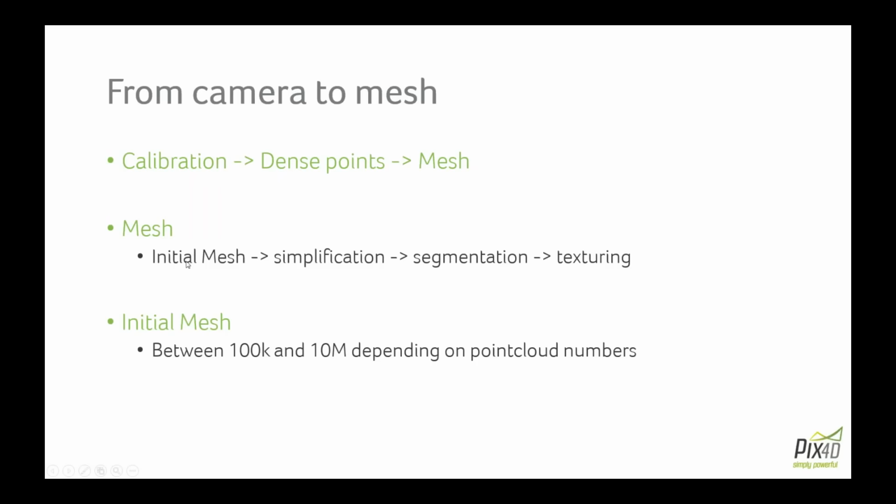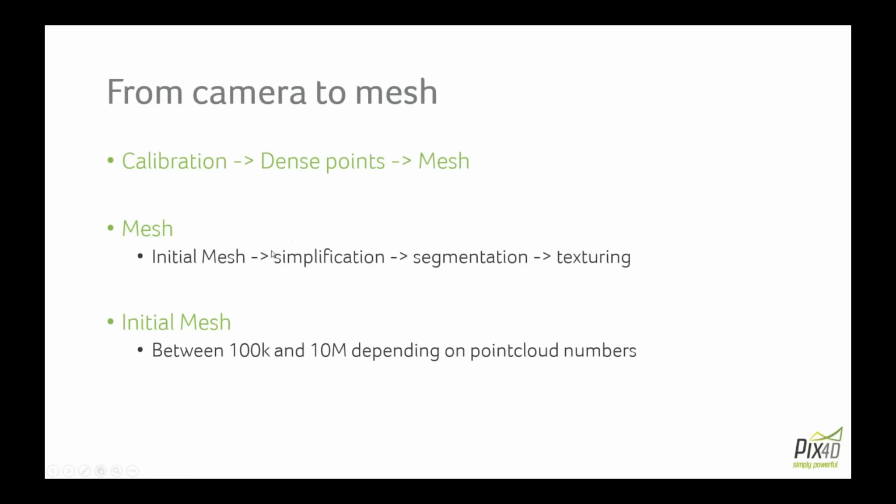After the initial mesh, depending on the project and the number of keypoints and densified points, you get between 100,000 and 10 million triangles. And 10 million triangles is very heavy to display. So we usually never display the 10 million one. It gets produced internally in memory, but we don't display it. What we first do is a simplification step.